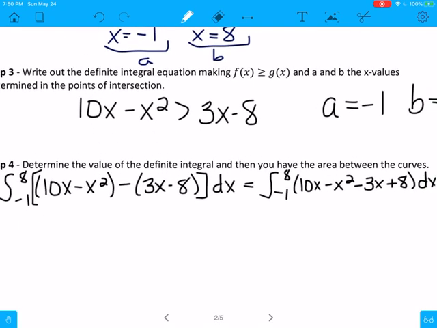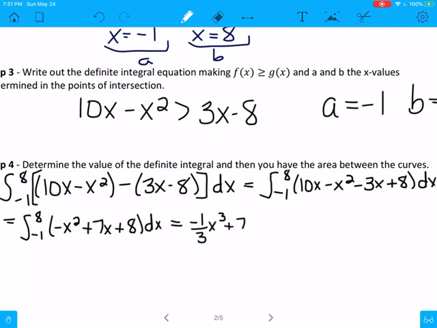which gets us an integral, if we combine like terms, so it's easier to do the antiderivative, of -x squared minus 3x plus 10x is plus 7x plus 8 dx. And then we can do the antiderivative of that. So we're going to get x squared is going to become x cubed, and we're going to divide by 3. So I'm going to get -1/3 x cubed plus 7/2 x squared plus 8x plus c from -1 to 8.